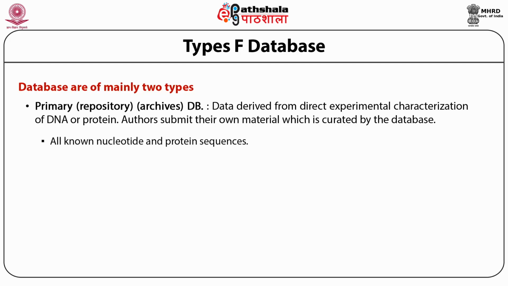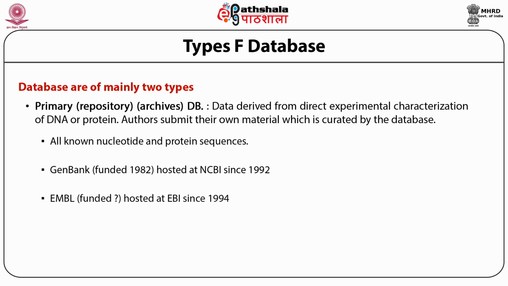There are many well-known databases, for example, for nucleotides and proteins. One is GenBank, which was started in 1982 and hosted by the NCBI since 1992. Another is the EMBL, that is the European Molecular Biology Laboratory database, which is hosted at EBI since 1994.